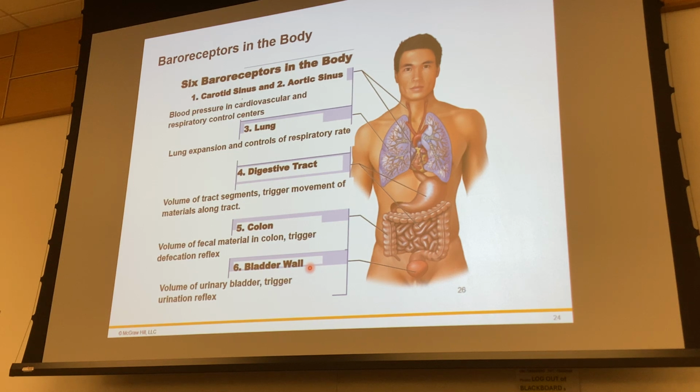So the bladder or the urinary system here is associated with the kidneys. That's what I was talking about when we discussed movement of water, either retaining water or not retaining water in our bodies. So there are 6 baroreceptors in the body generally, but I will only ask about 5. I won't ask you to distinguish between the digestive tract and the colon, so you can just talk about those two as the same thing.